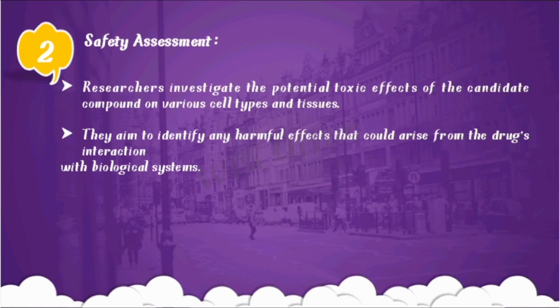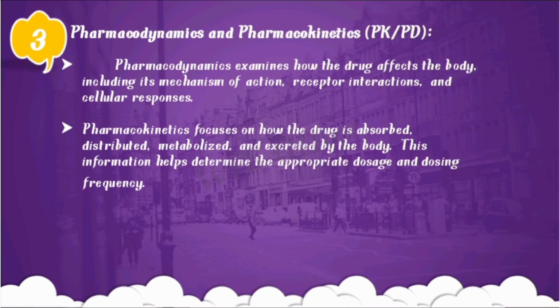Researchers investigate the potential toxic effects of the candidate compound on various cell types and tissues. Their aim is to identify any harmful effect that could arise from the drug's interaction with biological systems. And the third step is pharmacodynamics and pharmacokinetics.